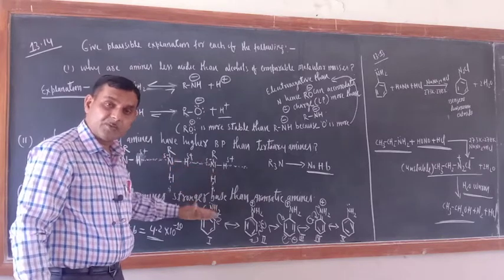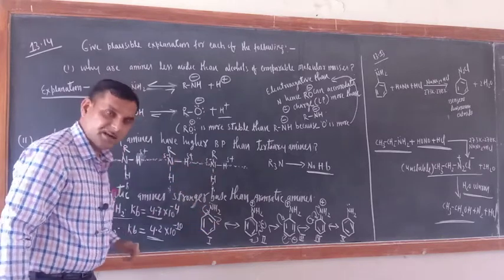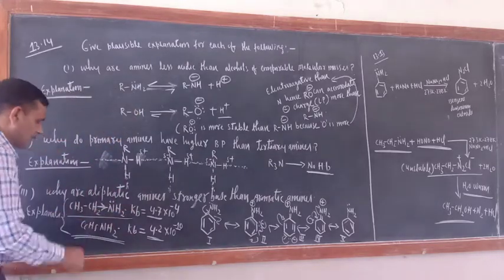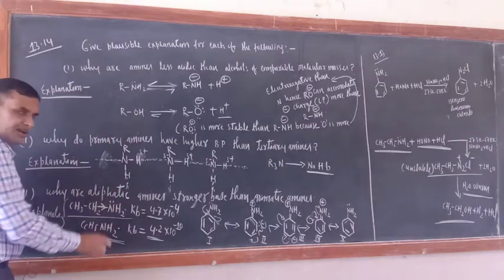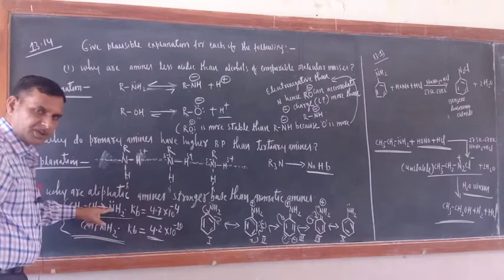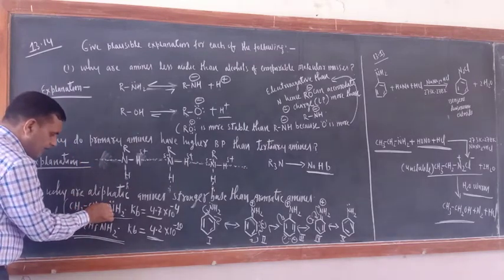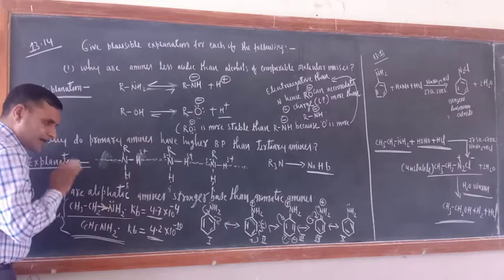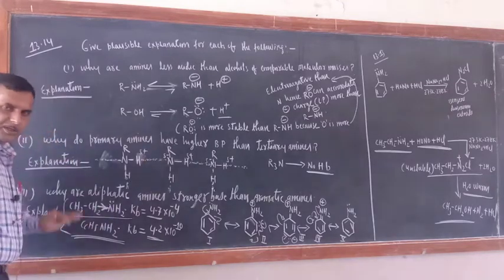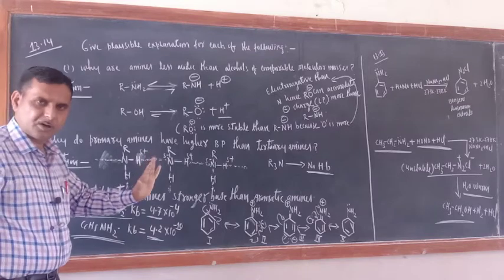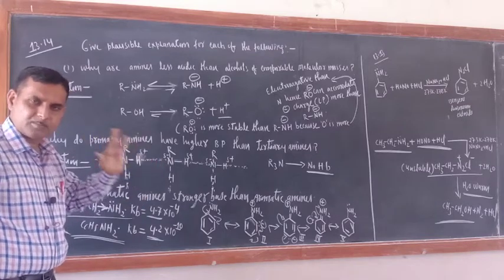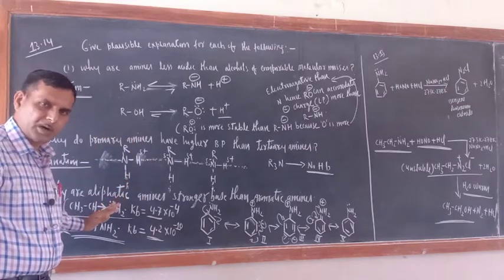That is why aromatic amines are less basic. While in case of aliphatic amines, what is there? The lone pair of electrons is already there on the nitrogen atom, and due to the plus I effect, this alkyl group will further push the electrons toward the nitrogen atom. So the availability of electrons would be more here.